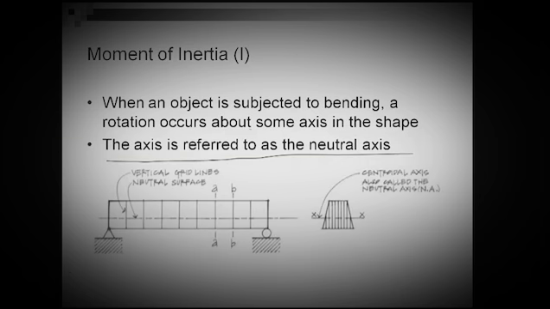So now imagine this is a beam, and the cross-section of that shape is trapezoidal. Clearly the neutral axis will not be centered on the depth of that member. It will be shifted a little bit down.